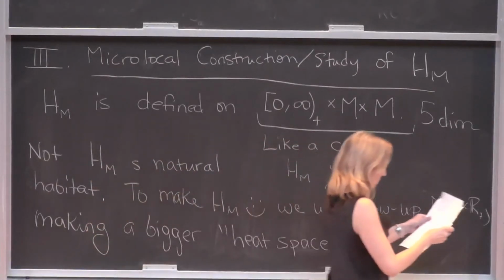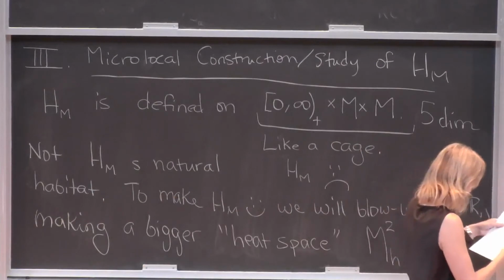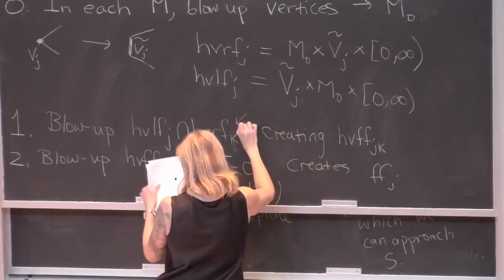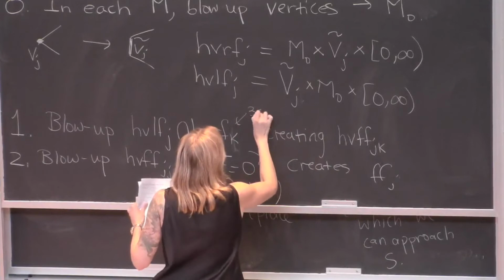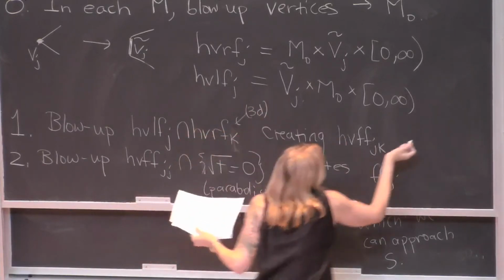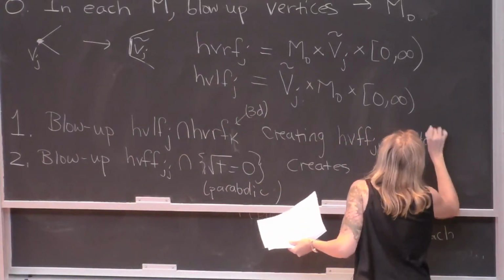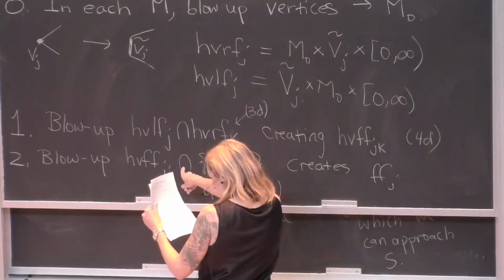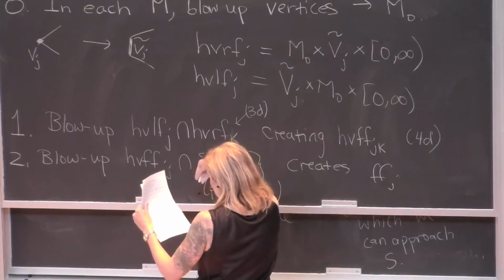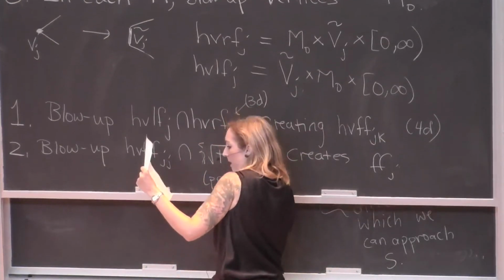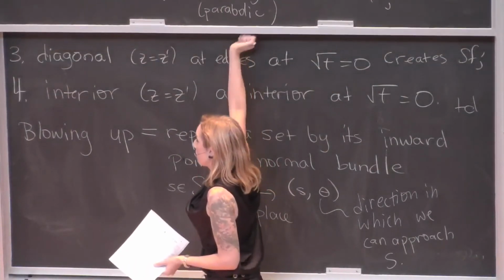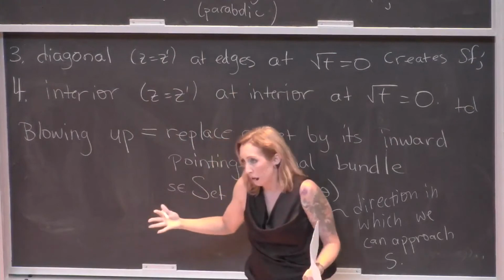So for example, here, this intersection is 3D. And when we blow it up, we get something 4D. And then this intersection is also 3D. We blow it up, we get something 4D. The diagonal at the edges is something one-dimensional, and so that picks up a few more dimensions when we blow it up, and so forth.